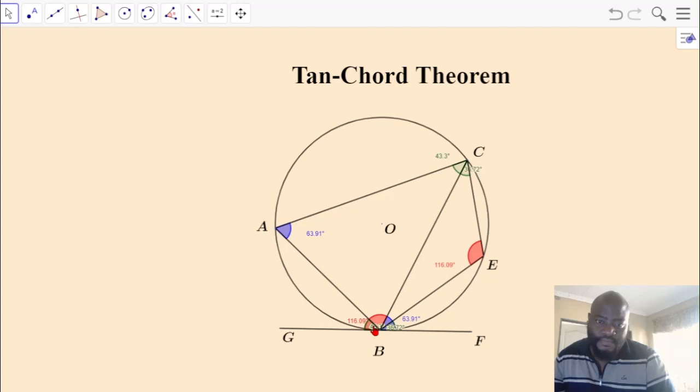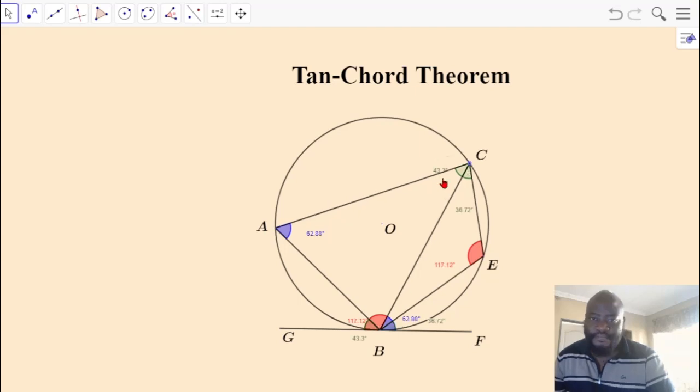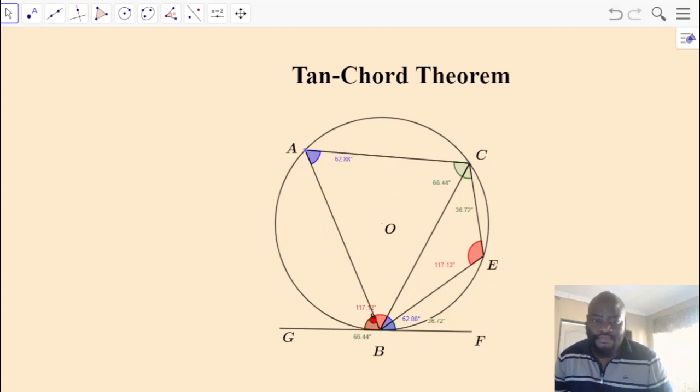And 36.72 over here. So many different ways to demonstrate the theorem that we just proved. So you can see over here we have so many angles that we can show this alternate segment theorem.